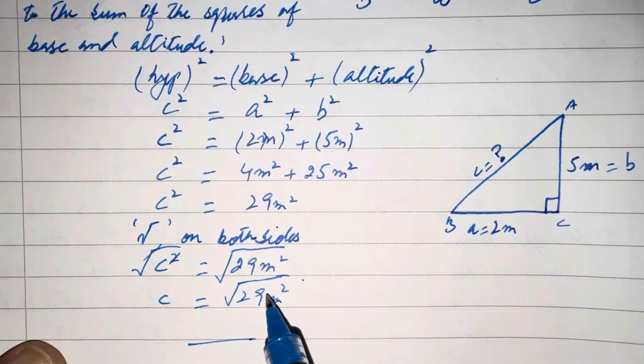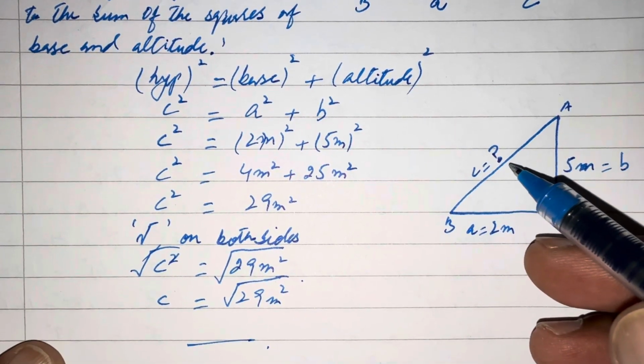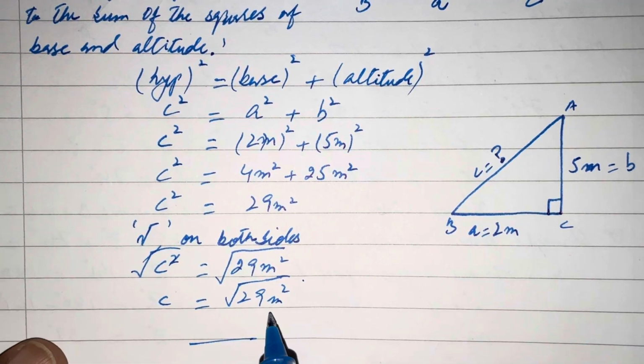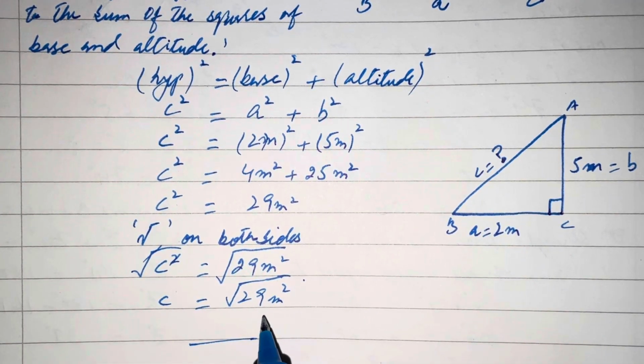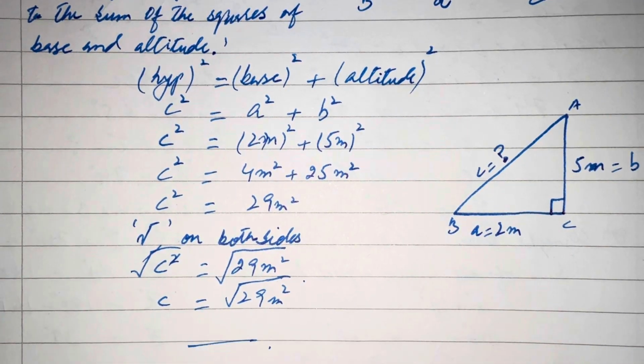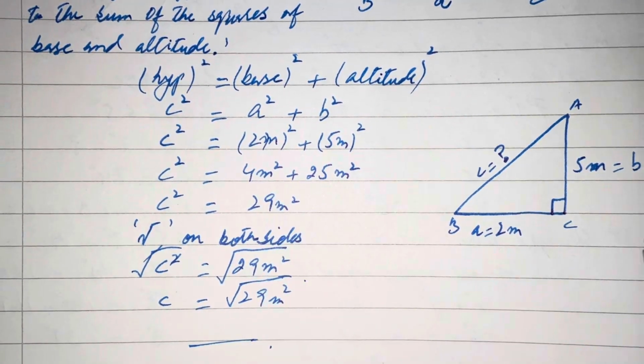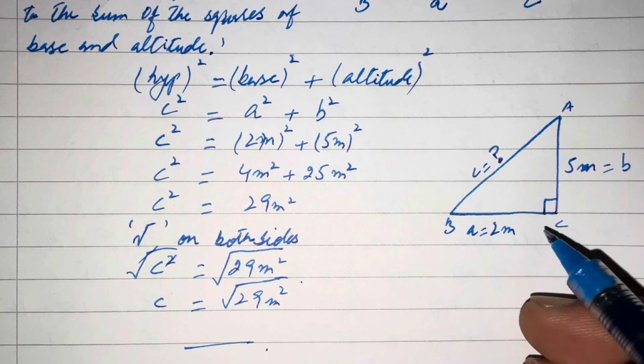That's how we can find the value of the hypotenuse, the length of the side of the hypotenuse. That was a very simple example that I chose myself.